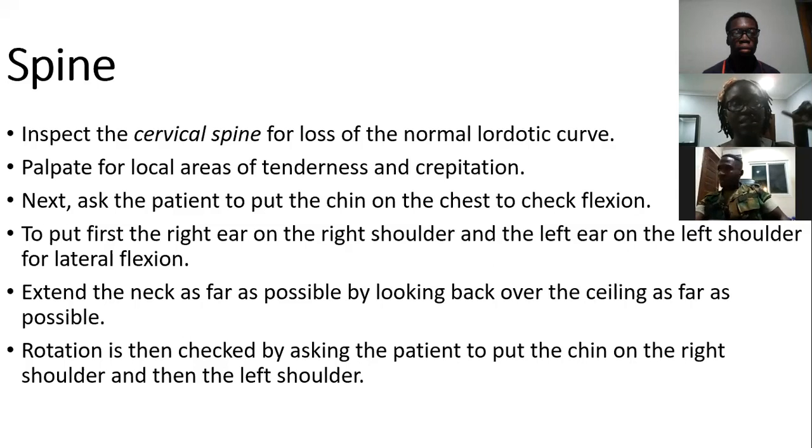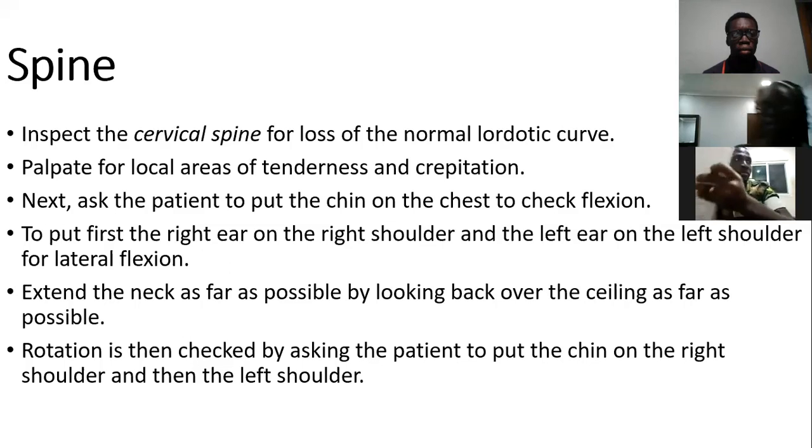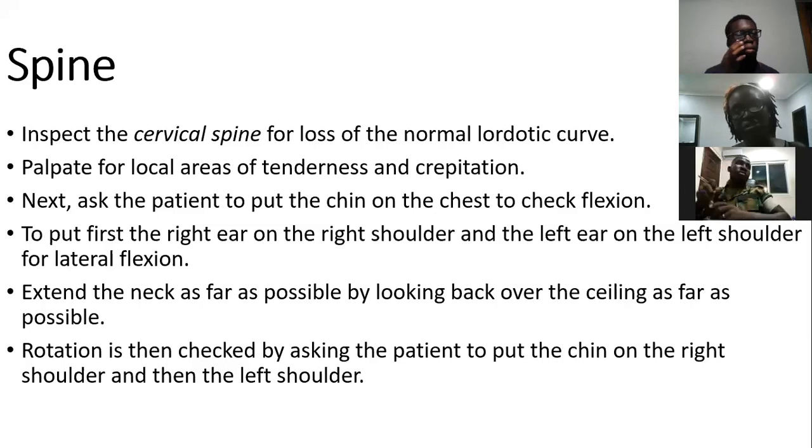Usually the cervical spine has a lordotic curve. What it means is that it curves inwards. When you follow the normal curvature of your spine, you see that the cervical part goes in, then the thoracic part comes out, then the lumbar region goes in again. So that is the normal curvature of the spine.